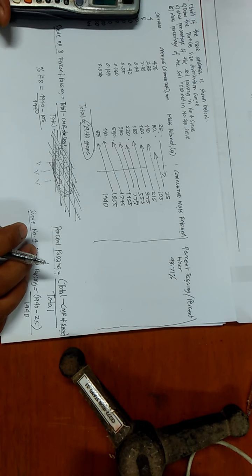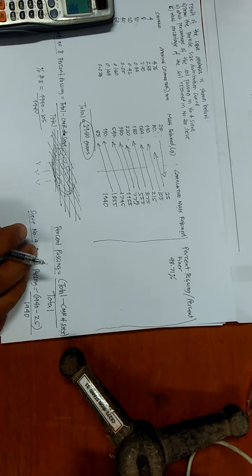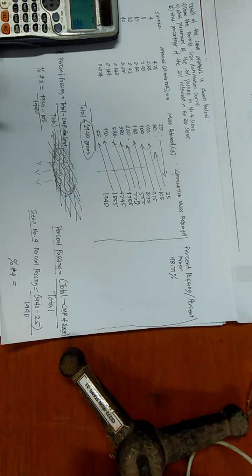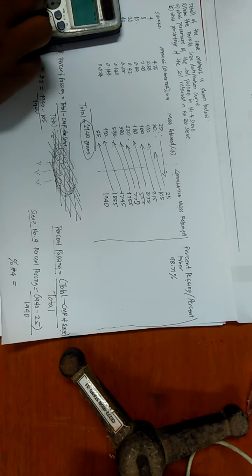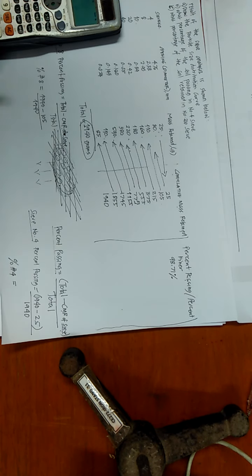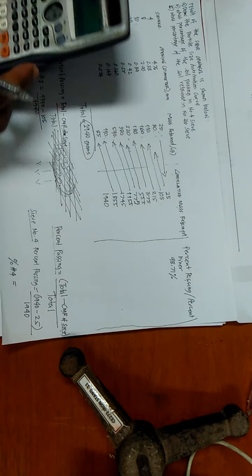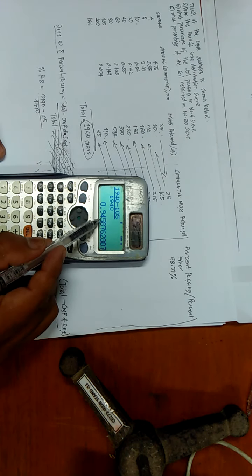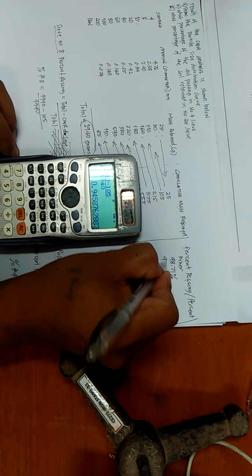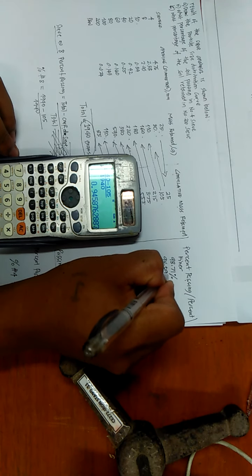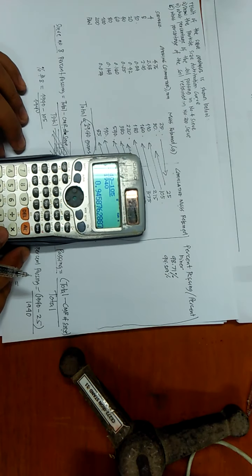So, as we solve this problem, calculate natin 1,940 minus 105 divided by 1,940, which is equal to 94. So, times 100% ko siya, almost 94.59%. Ayan.